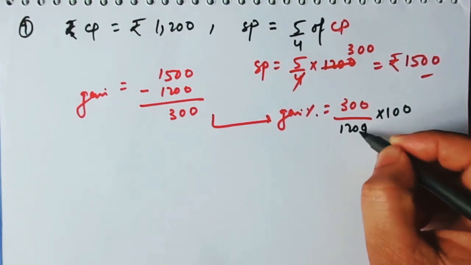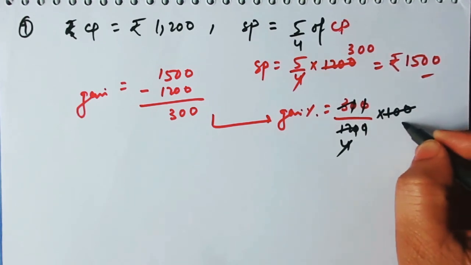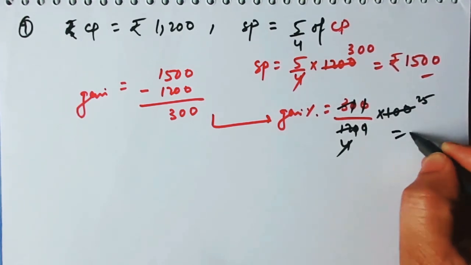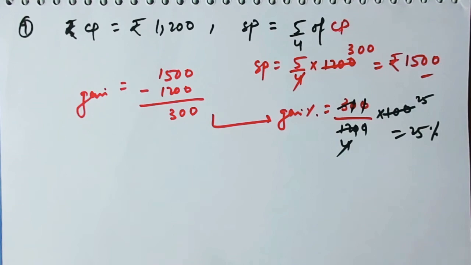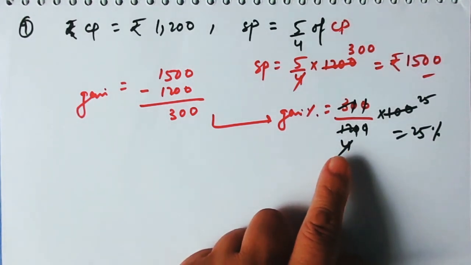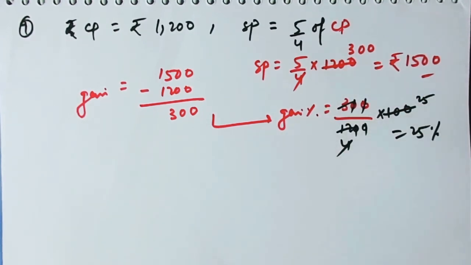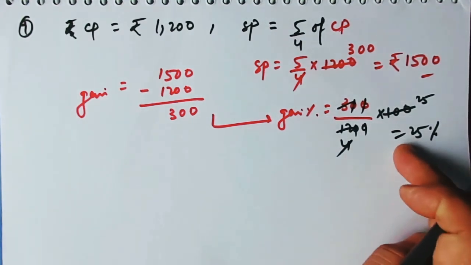Can't you solve this? 3 4s are 12, and 4 25s are 100, so it is equal to 25%, isn't it? Gain by CP into 100. Yes, good.